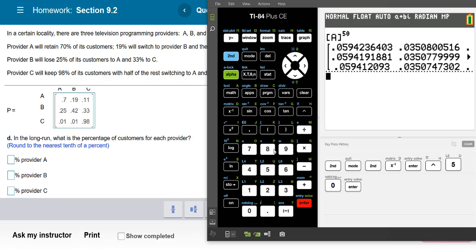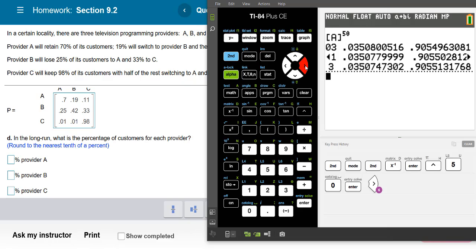So any of the 3 rows provides us with our answers. So A would be 5.9, B 3.5, and C 90.5.